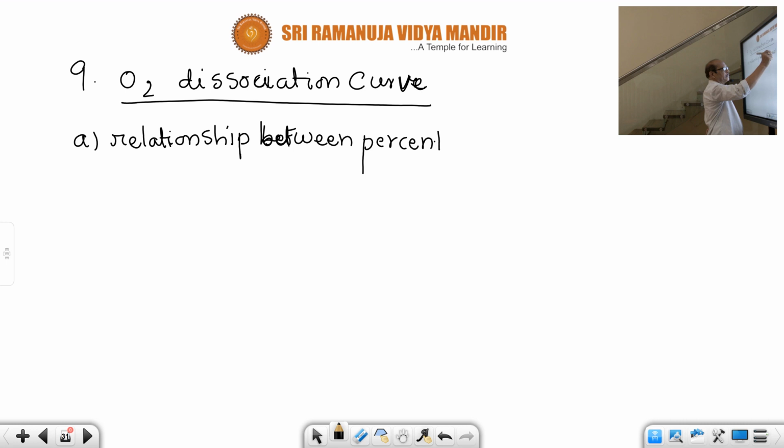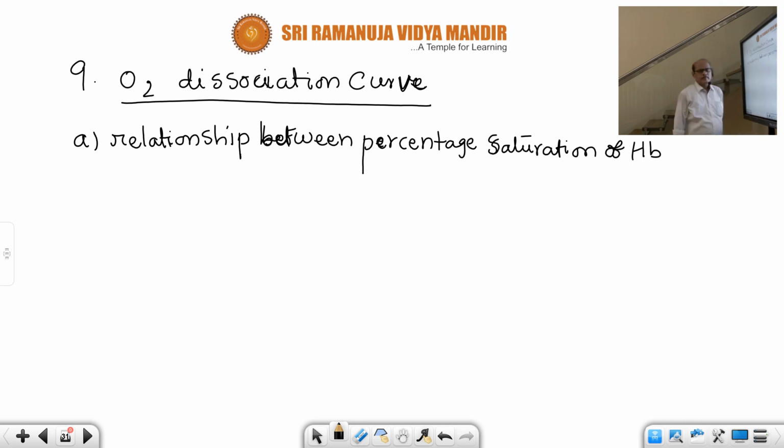So a new phrase you are hearing now, percentage saturation of hemoglobin, and the PO2.